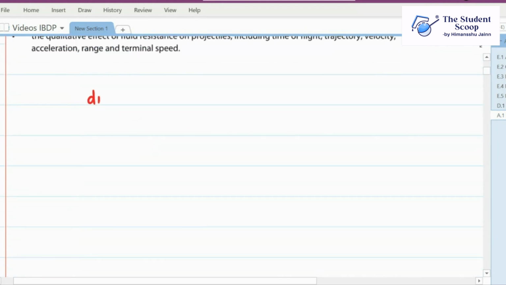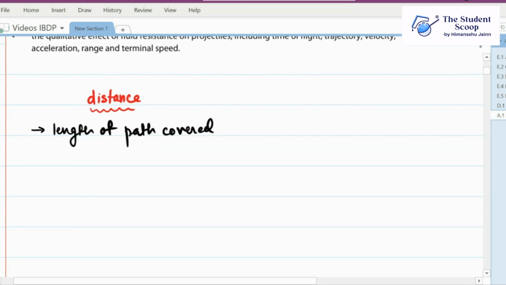So if I start with distance, let's first define the distance. Distance, in simple words, can be defined as the length of the path covered by the object which is traveling between two positions.